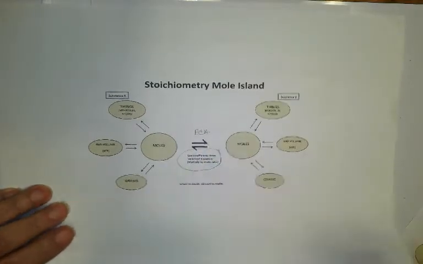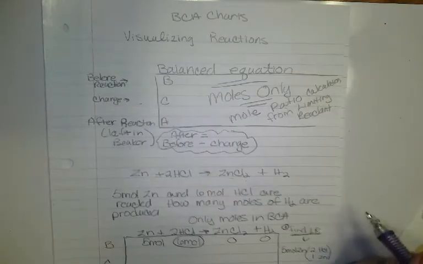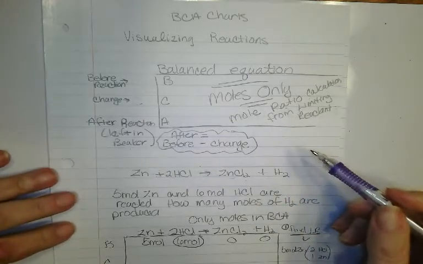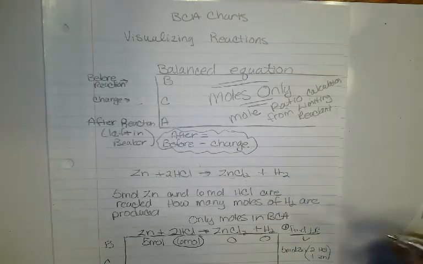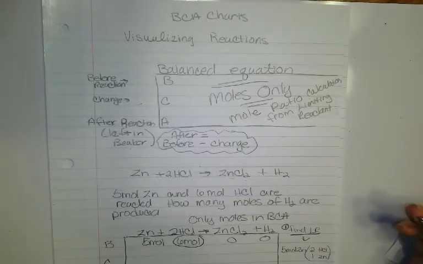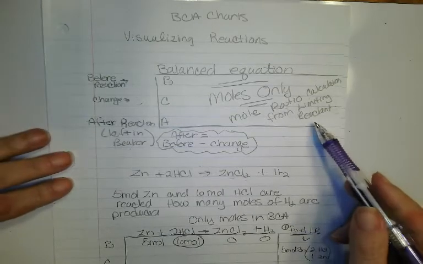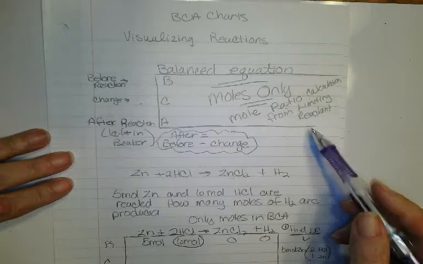So this makes things faster, and it helps you understand it better than just running math numbers. Math numbers is a way just to calculate what's going on, but it doesn't really explain what's happening on an atomic level, and this does a better job, okay?